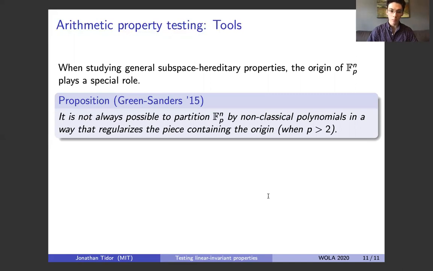The other way to get around this issue is when the characteristic of the field is 2, or rather when you're working in F_2 specifically, this example doesn't exist. And there, Bhattacharya, Grigorescu, and Shapira were able to solve this problem in F_2, at least for the case of complexity 1 patterns.